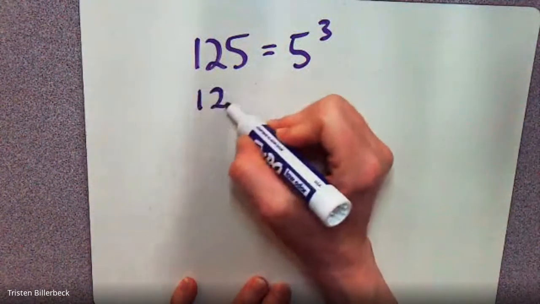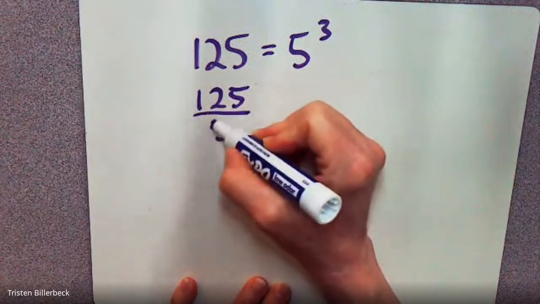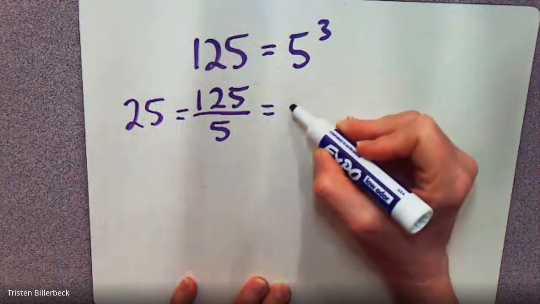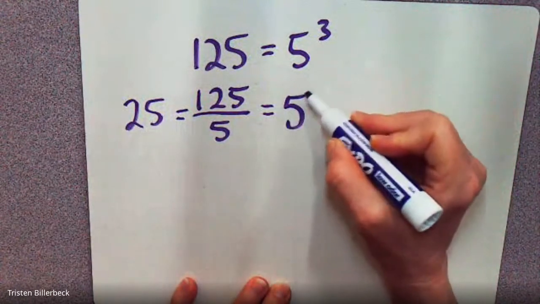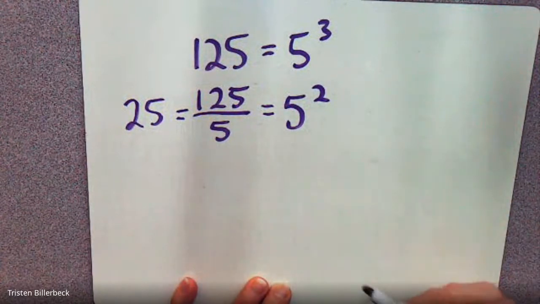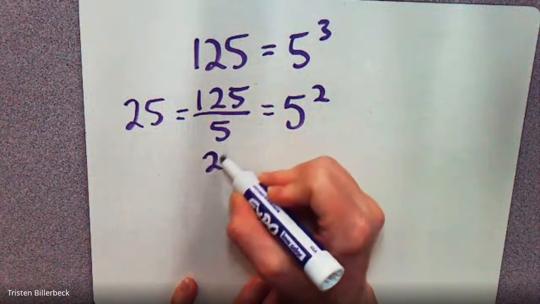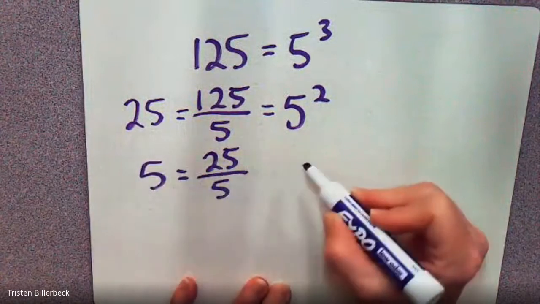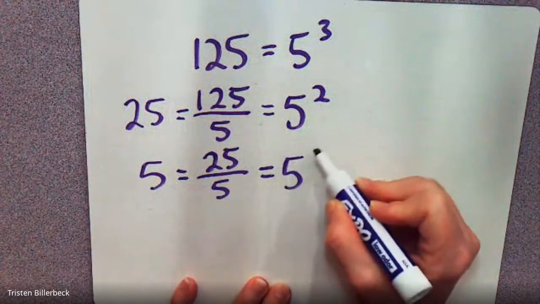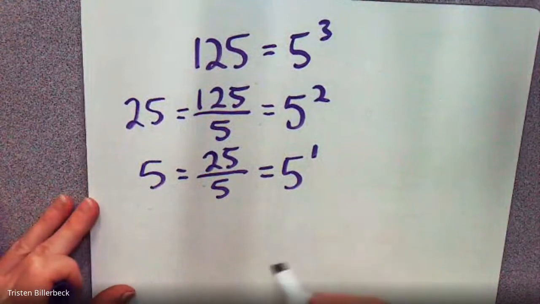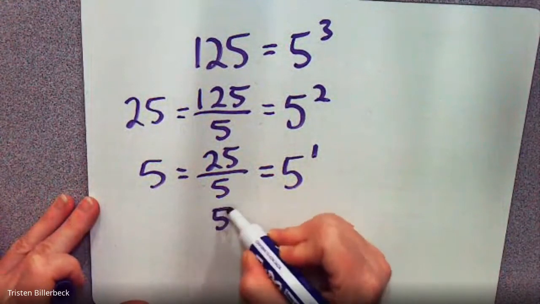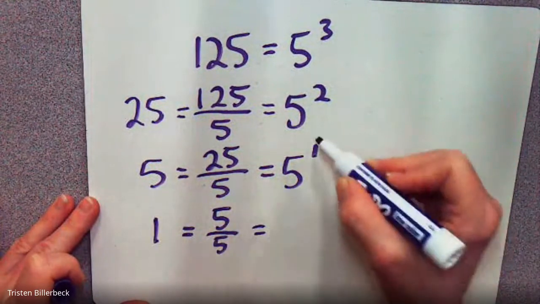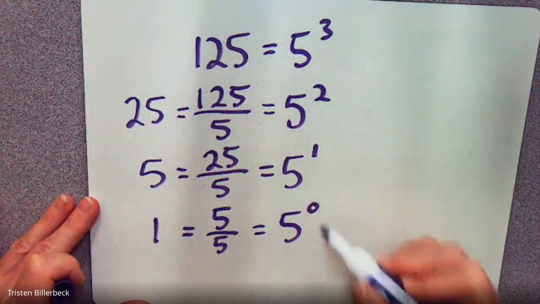Now, if we take 125 and we divide it by 5, that equals 25, but it also equals 1 less 5 multiplying, so that's 5 squared. Now, if we take 25 and divide it by 5, that equals 5, and it also equals 5 to the first. So if we take 5 and we divide it by 5 one more time, that equals 1. And if we subtract one of the 5's from here, we have 5 to the 0.